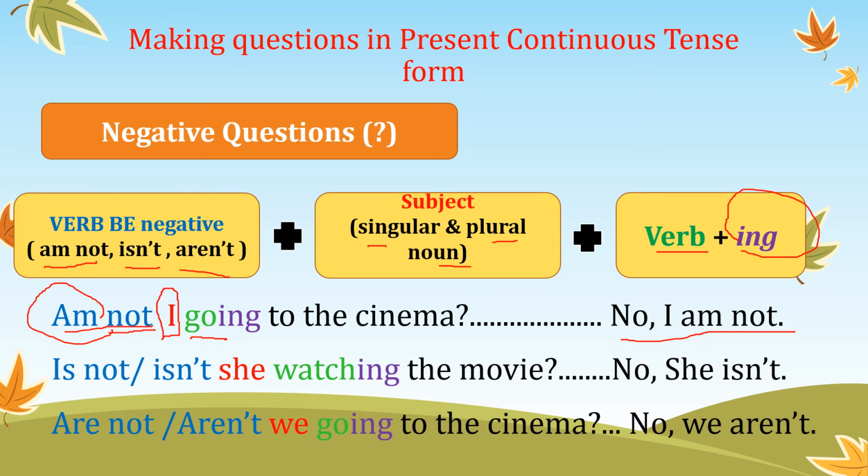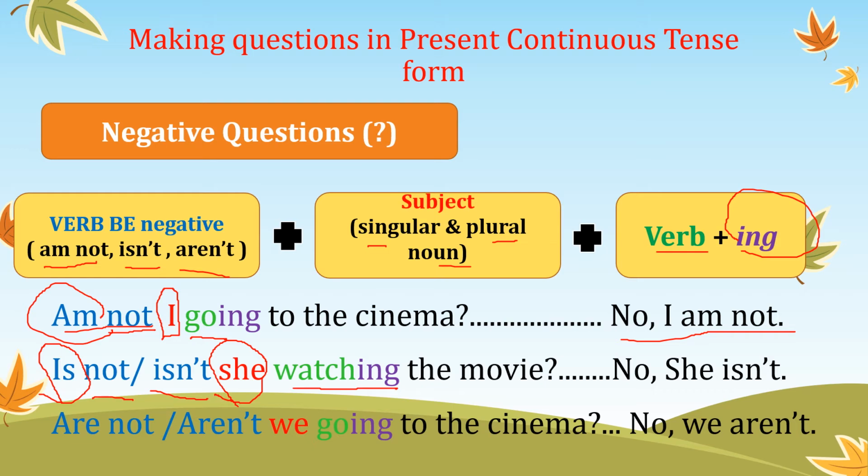The second one, we start with the verb be negative, is, and then followed by the word not or isn't. This is the contraction. Is not she or isn't she, subject, watching, verb ing.